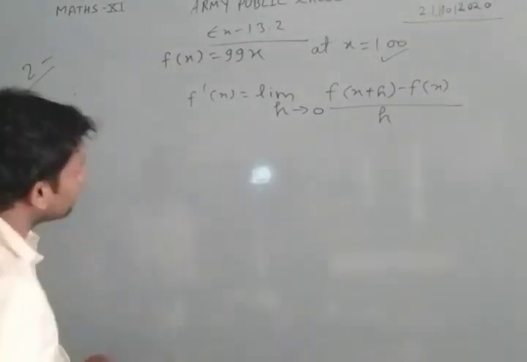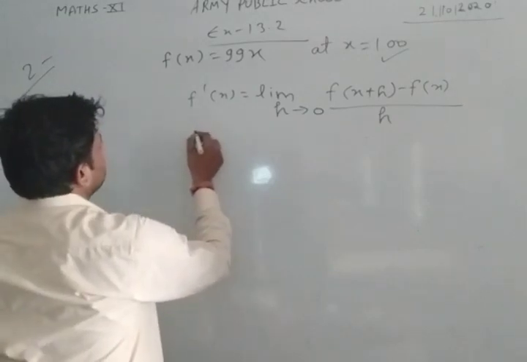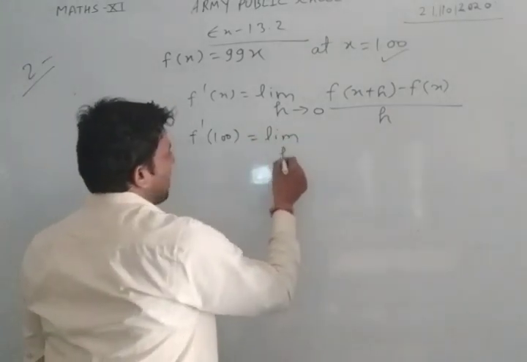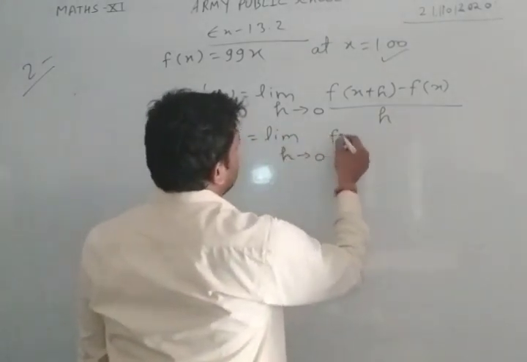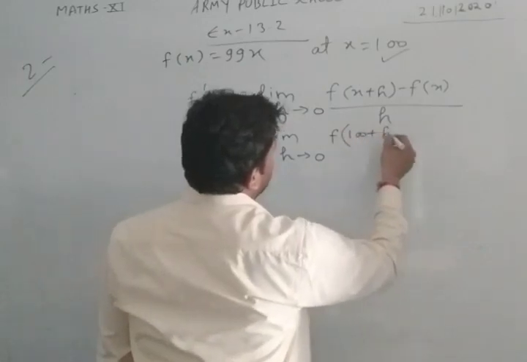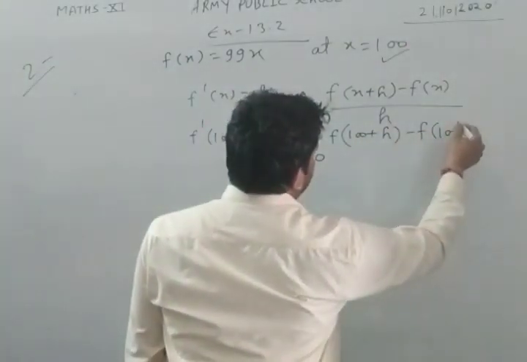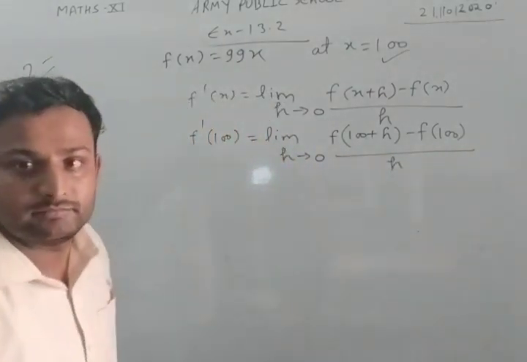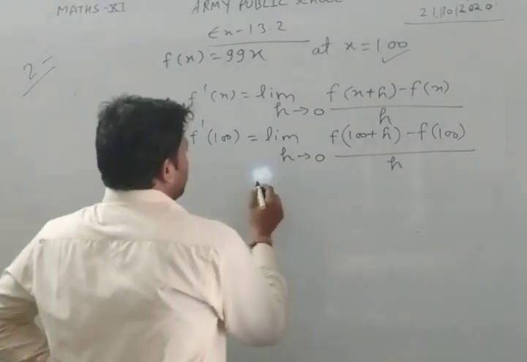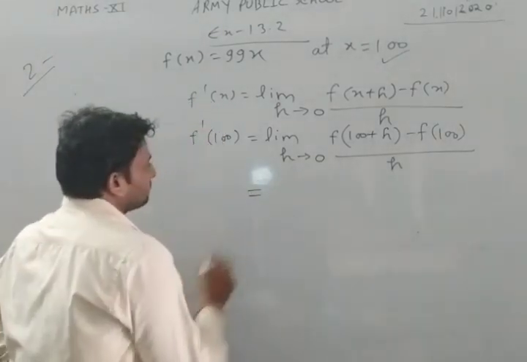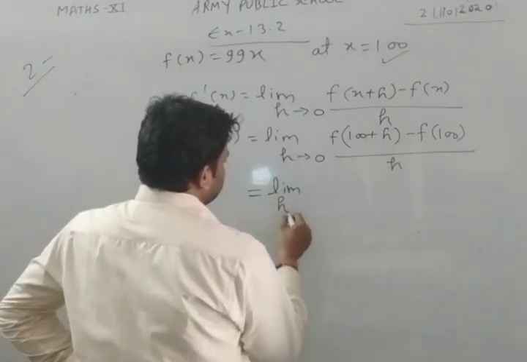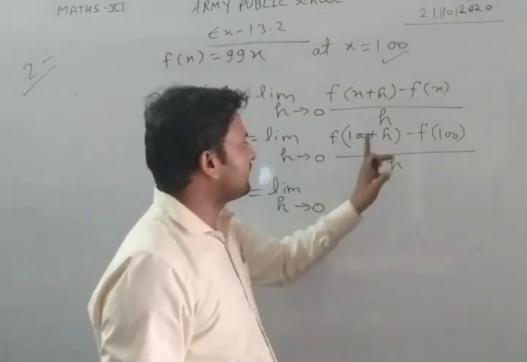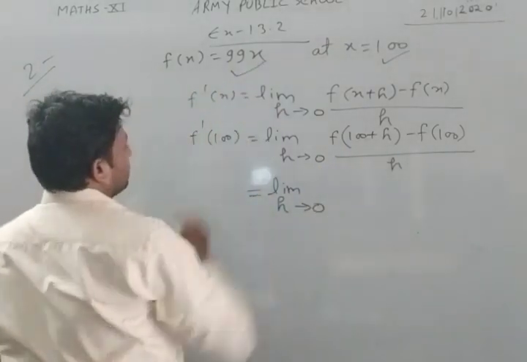So f dash 100 is limit h tends to 0, f(100 plus h) minus f(100) and divided by h. Now limit h tends to 0 and f(100 plus h). So we write here what?